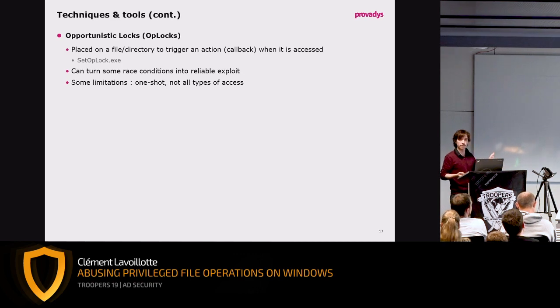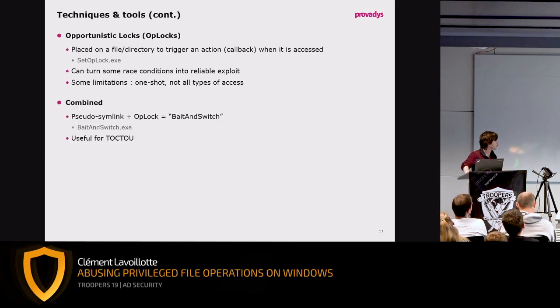So this is obviously useful to block processes at arbitrary times so that we can reliably exploit and win some race condition. And of course, we can combine this with previous techniques.